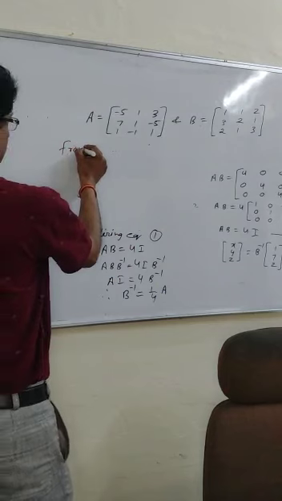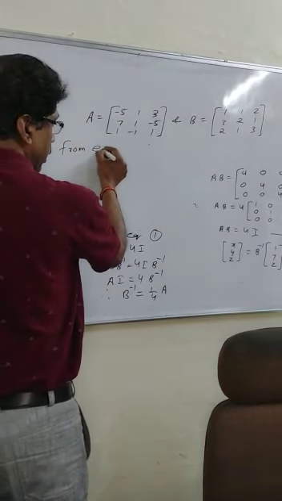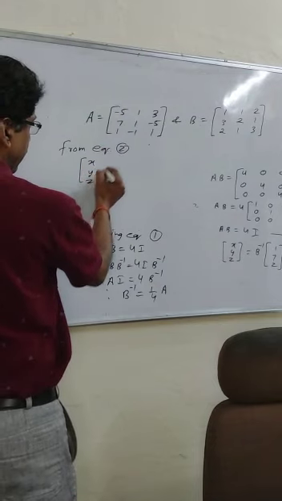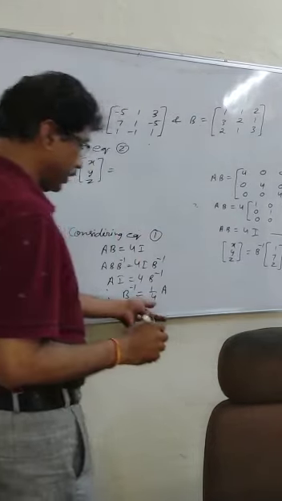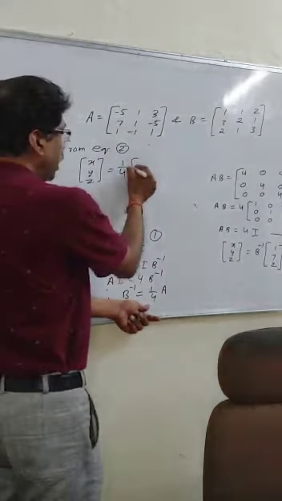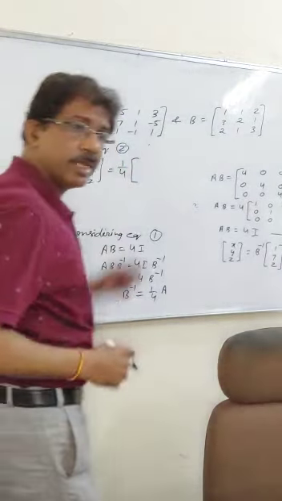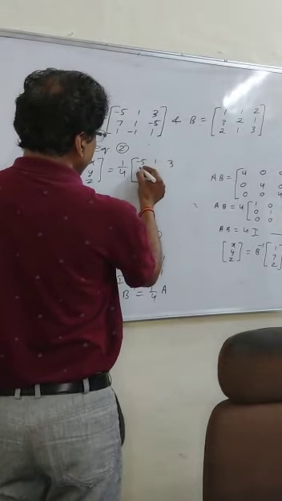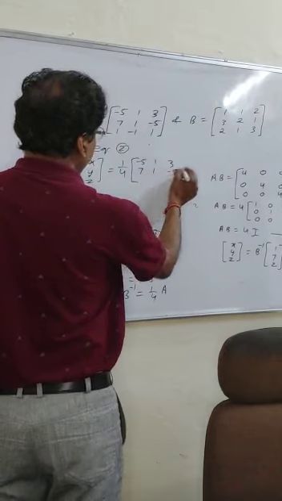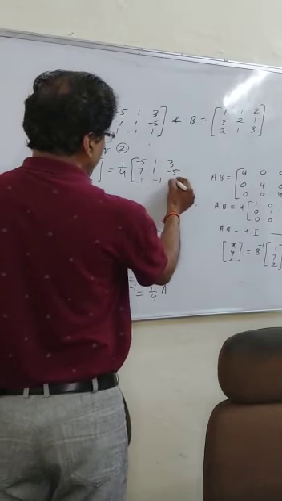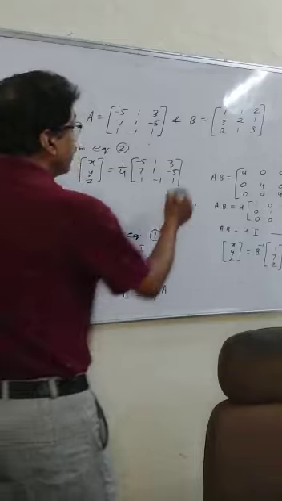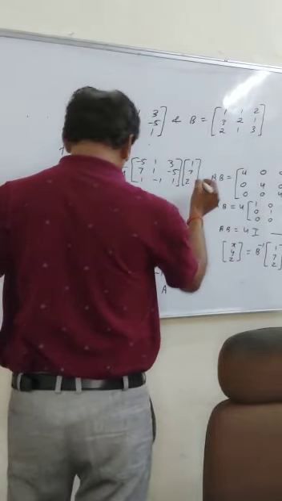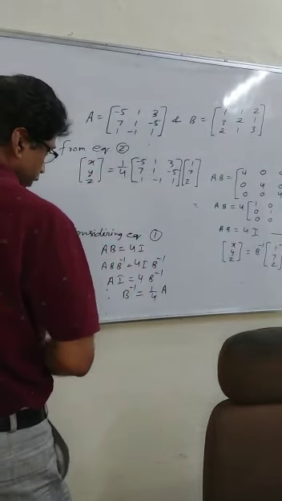From equation number 2, x, y, z is equal to B inverse, where we write 1 upon 4 and matrix A, which is already given in the question: minus 5, 1, 3; 7, 1, minus 5; 1, minus 1, 1, multiplied by 1, 7, 2.